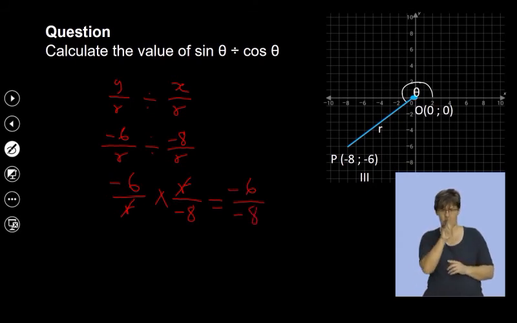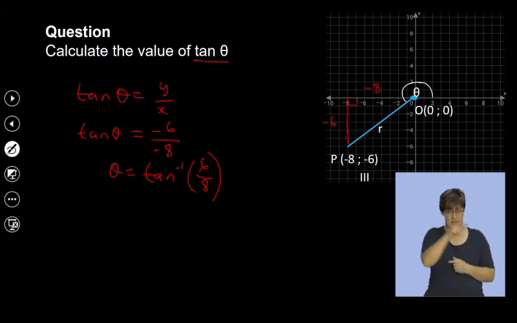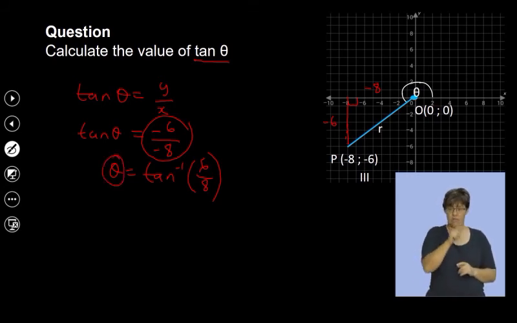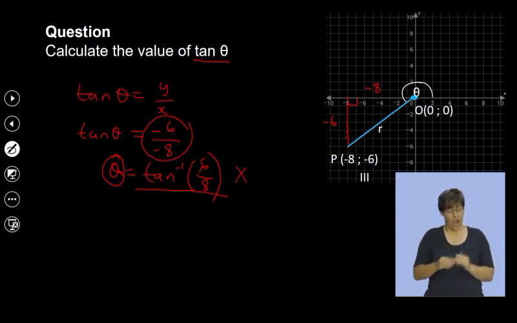Now, as I'm thinking about this, I saw something here. The answer of tan theta will actually be -6 over -8, which is just 6 over 8. But if we were to find the actual theta, we will then use the second function. So you only use the second function if you are trying to find the theta.